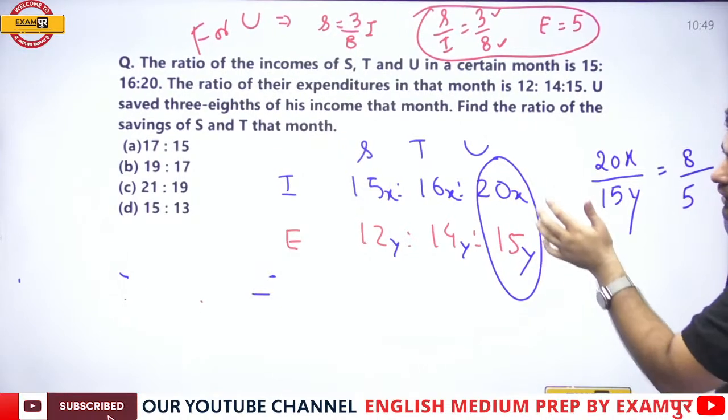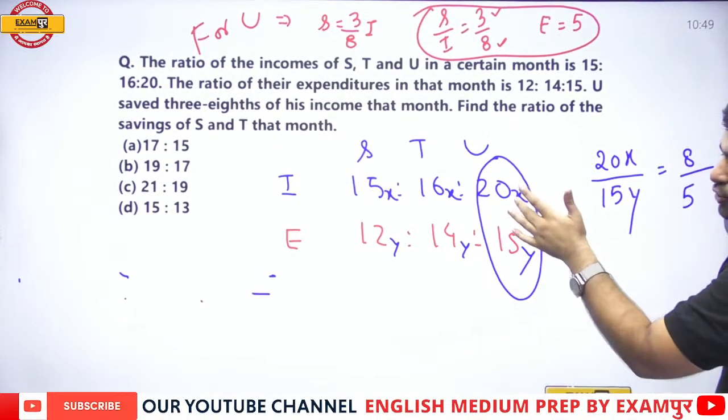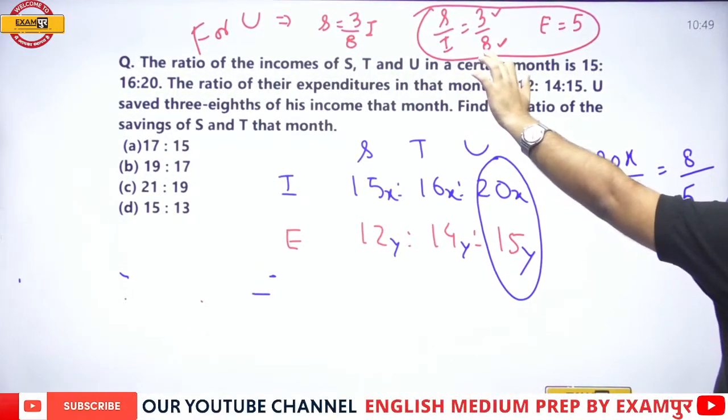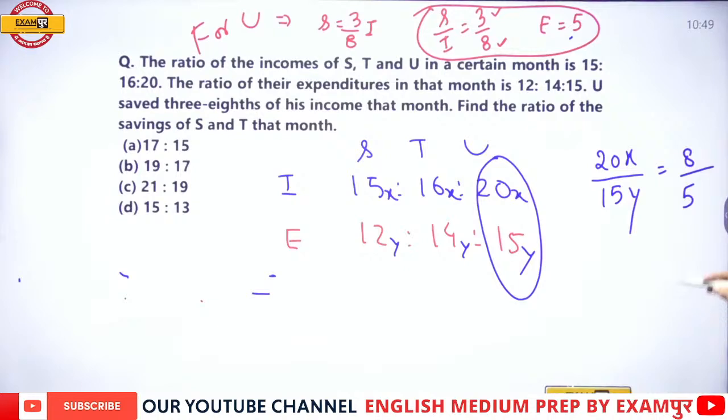According to this, income and expenditure are 20X and 15Y, and according to the data, income is 8 and expenditure is 5.